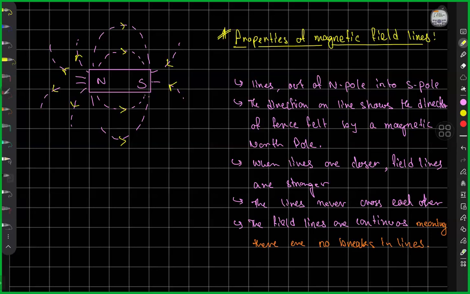Now, the direction of a line shows the direction of force felt by a magnetic North Pole. When we were drawing electric field force and electric potential, what did we consider as the test charge? A positive test charge.